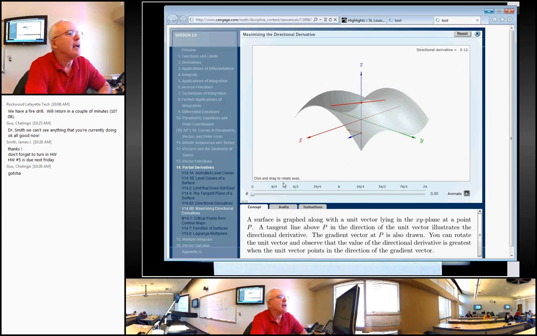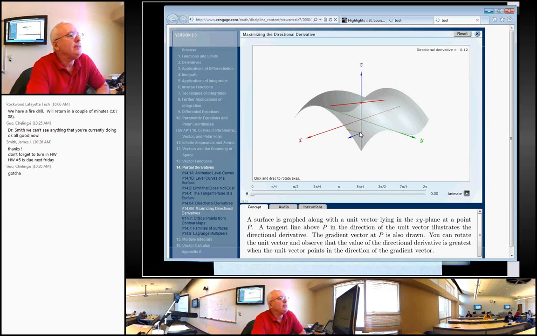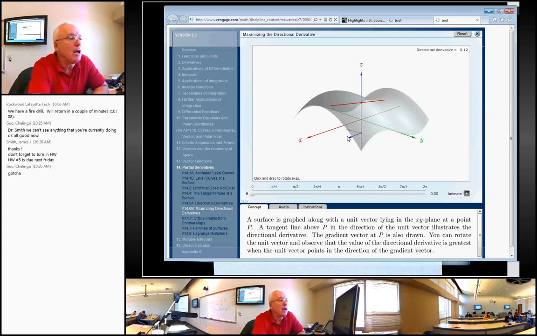Okay. X-axis, Y-axis, Z-axis. Now, down here, this little red point right here, this is actually sitting on the XY plane. And notice that there are two arrows coming out from it. I hope you can see that second arrow.